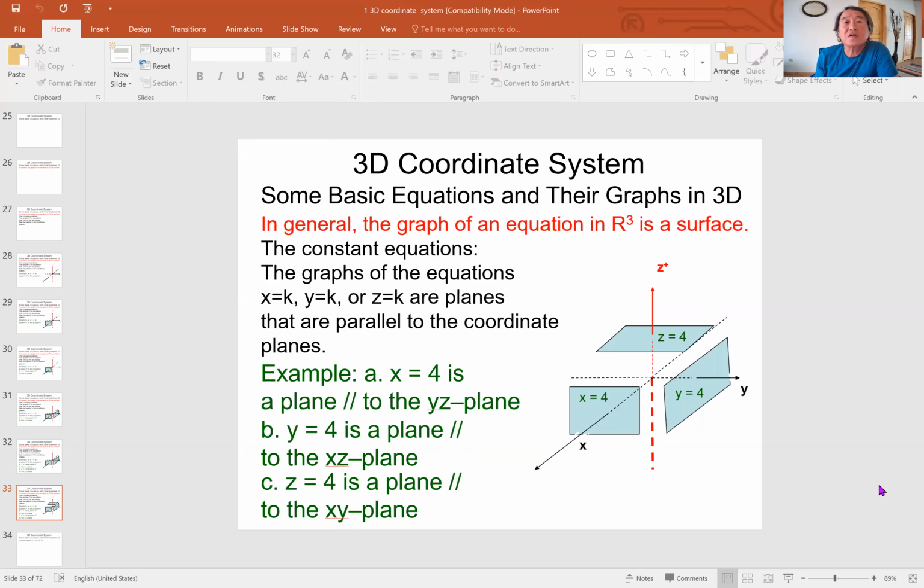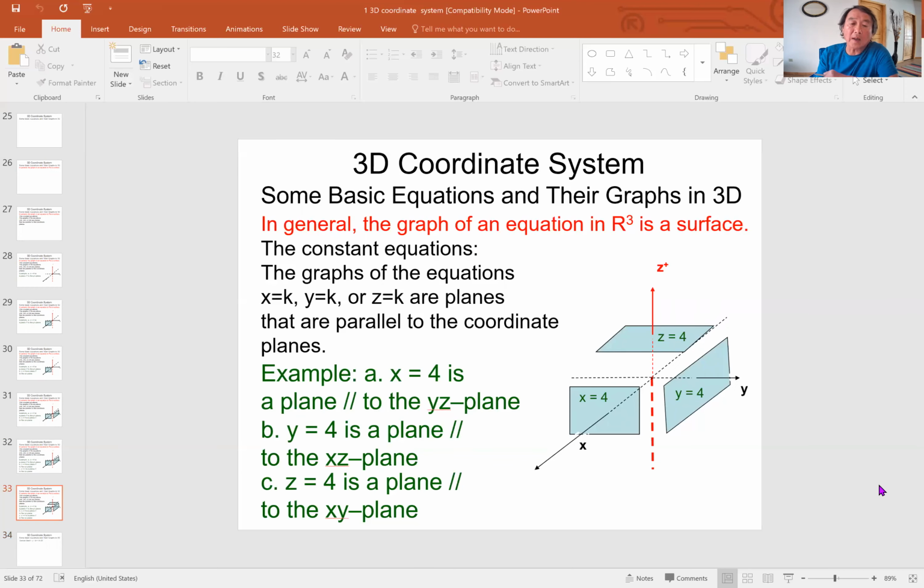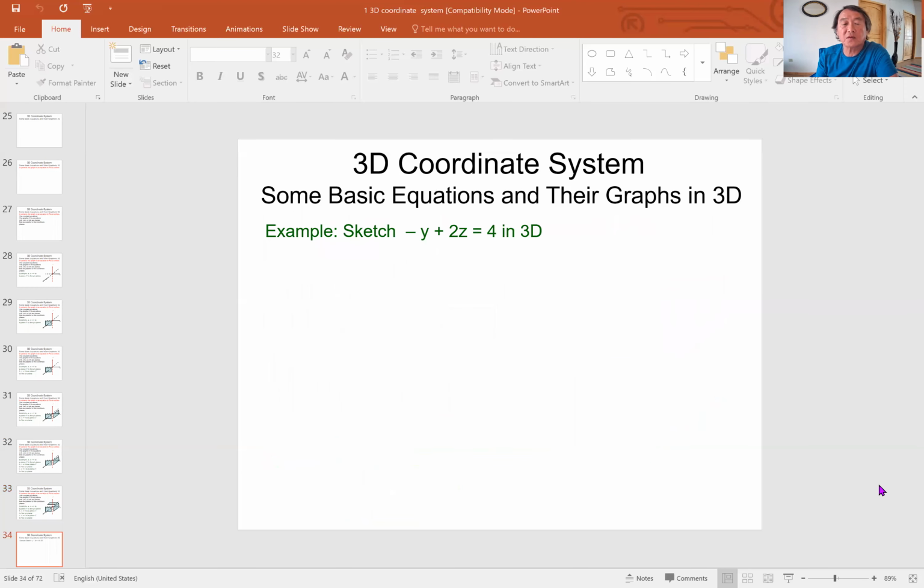In general, the plots of first degree equations are planes. For instance, these are first degree equations. Now suppose I have 2 letters in a first degree equation. How do I plot these? First we don't look at the x-axis.